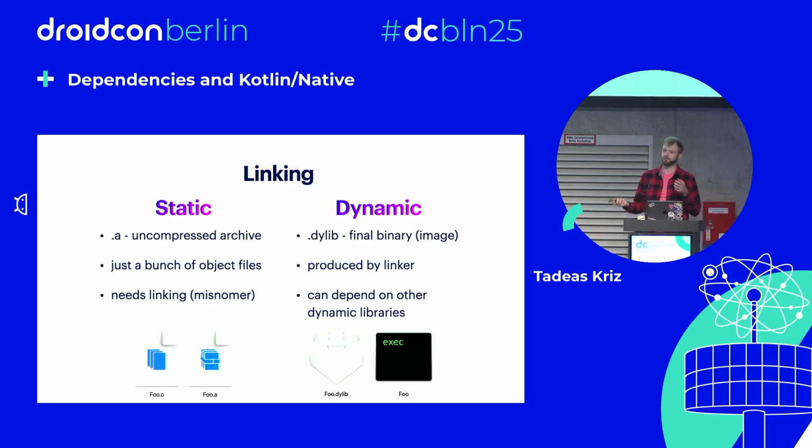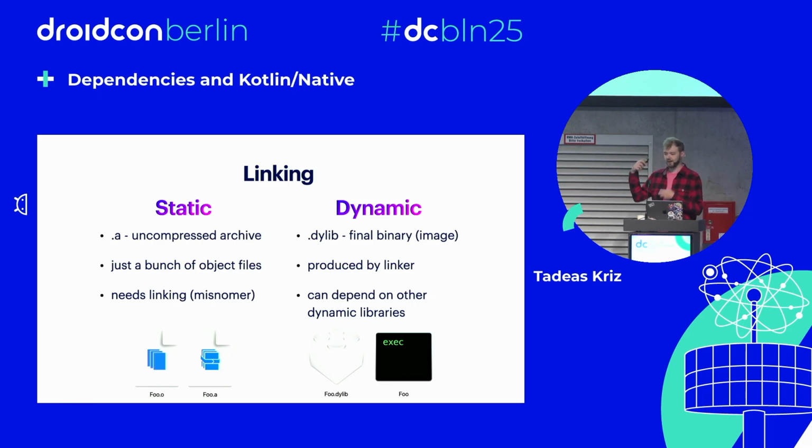So it's kind of a misnomer when we say we're statically linking, and it comes from how we build the final executable. We say we're using static linking because we link basically all or most of our code statically into the final executable. And then here we have the dynamic one.